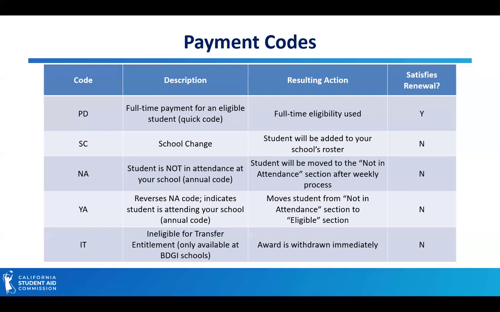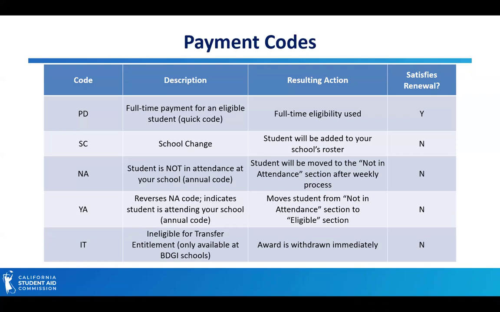NA is when you determine, hey, this student that shows up on my roster is not attending our school. So with NA, that will move the student off of your active roster and into a section at the end of the roster, which we have titled not in attendance.